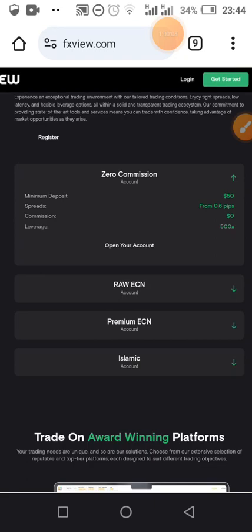So for example, some brokers may say minimum deposit for their premium accounts, or whatever name they may use, may be about 5,000 US dollars. But you now have smaller commissions and maybe smaller spreads.